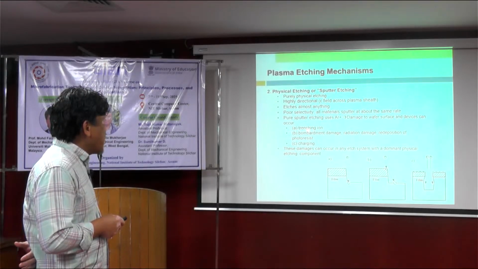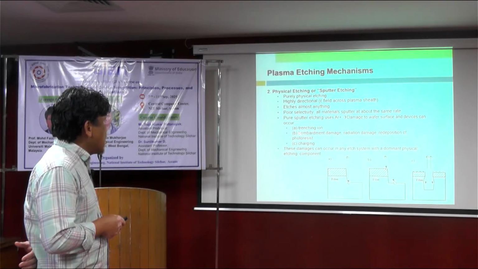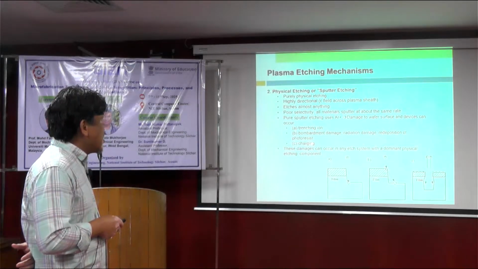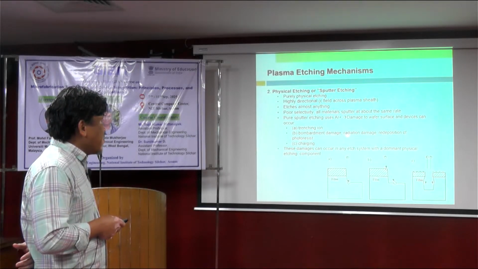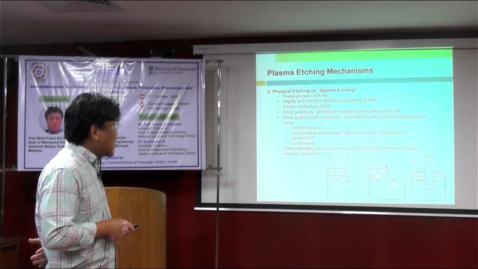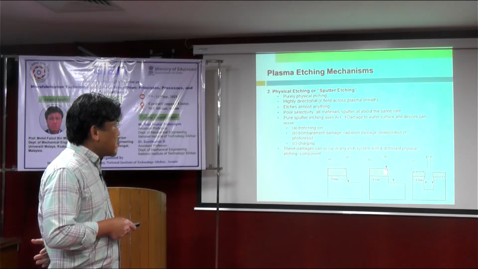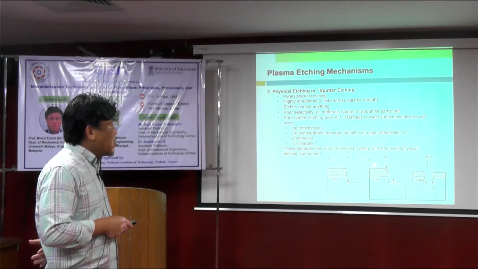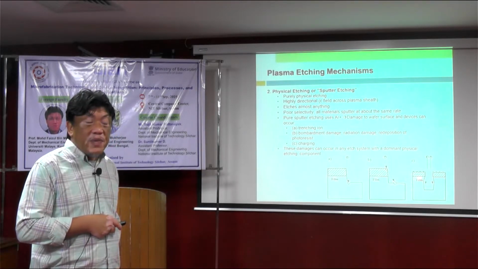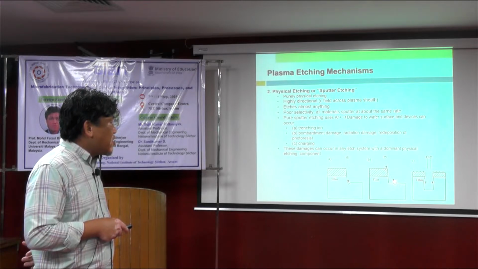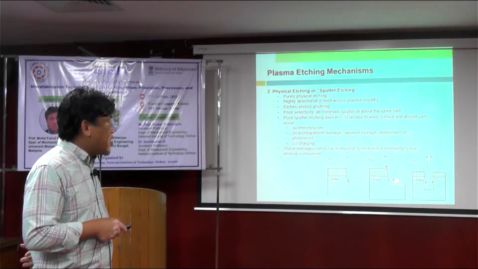So for example, trenching, ion bombardment damage, radiation damage, redeposition of photoresist, and charging. Redeposition of photoresist means here you see that you have photoresist, but this photoresist is also being etched by the bombardment of the ion, then it is redeposited on the other surface, which is exposed.